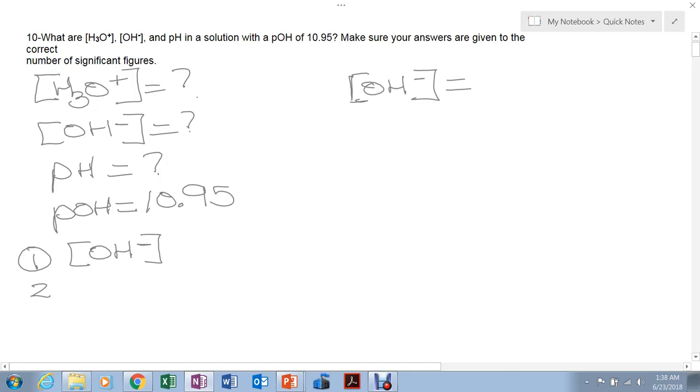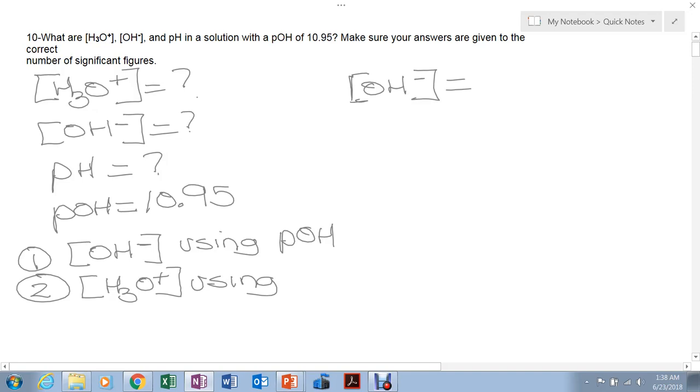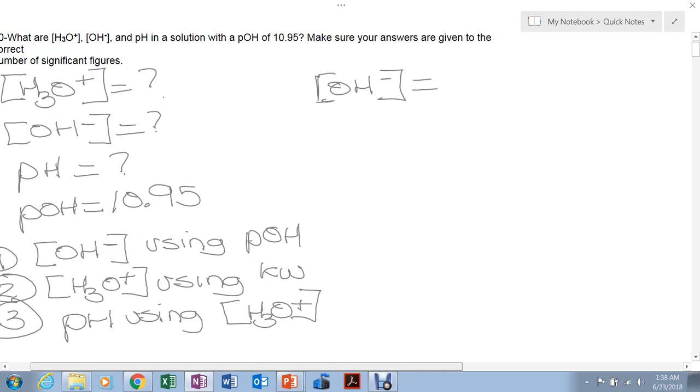Second step would be finding the hydronium concentration using Kw. And then, third, finally, find the pH using the concentration of hydronium. So let's go with step number 1.